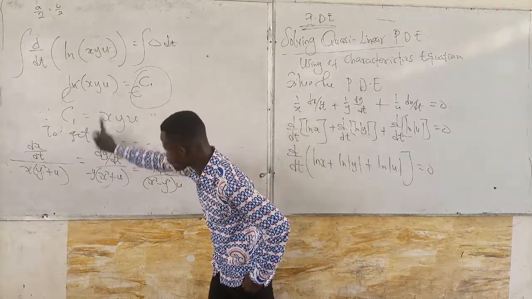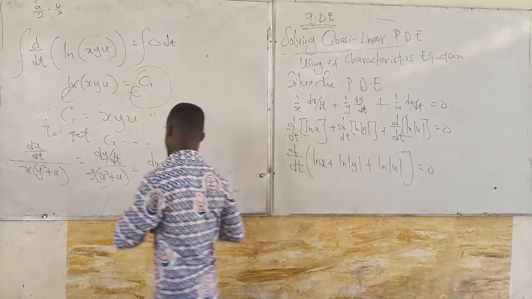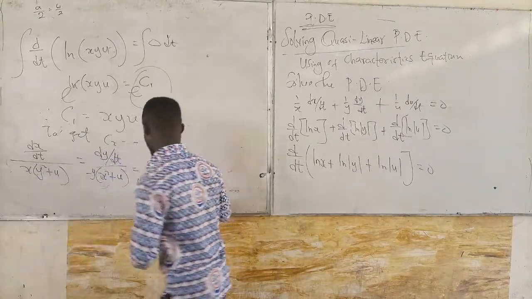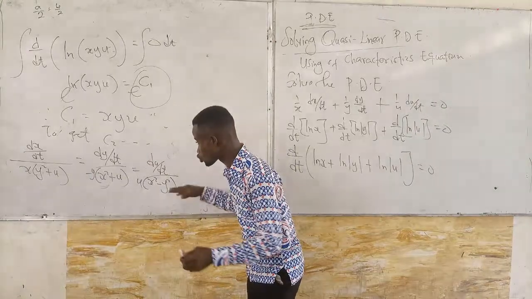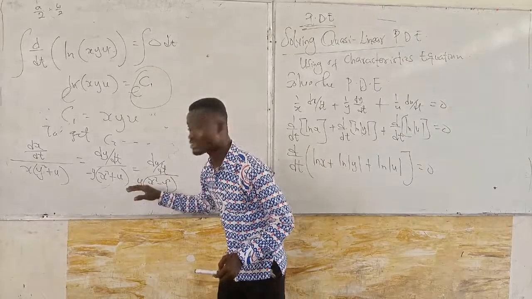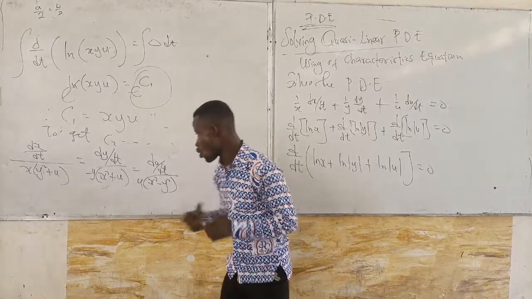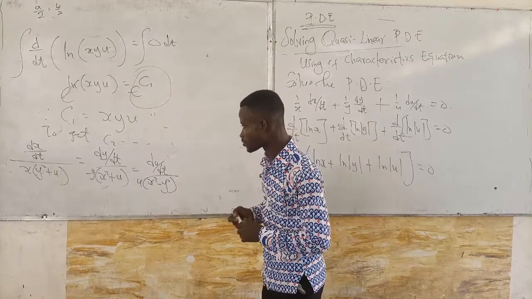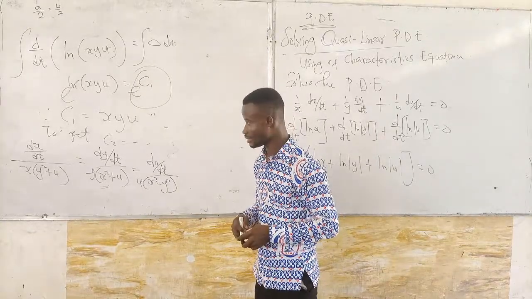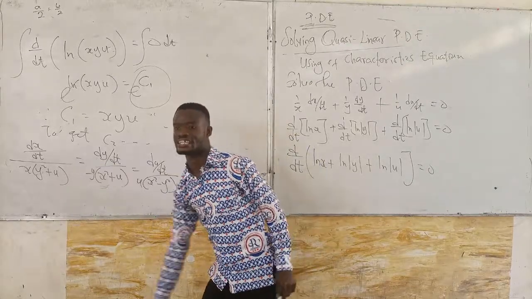By writing 1 over this, then 1 over the u of, like 1 over this, then after that we subtract. We will still add because of this negative, so that the x will go. But see, when that happens, don't forget that after everything, we are going to equate it to this side.